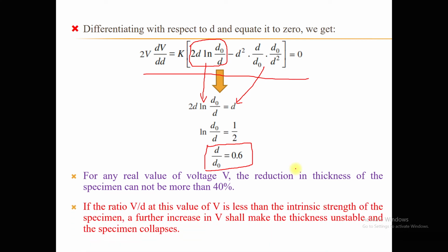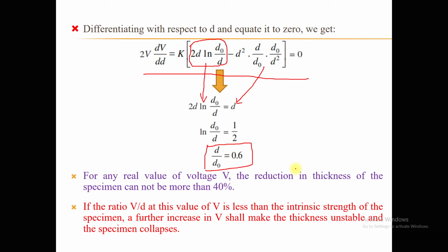So if the ratio V upon d, that is the electric field intensity, and this value of V is less than the intrinsic strength of the specimen, a further increase in V shall make the thickness unstable and the specimen collapses.